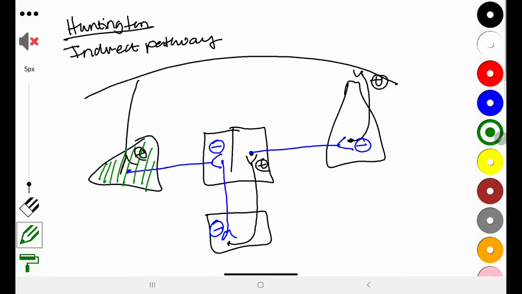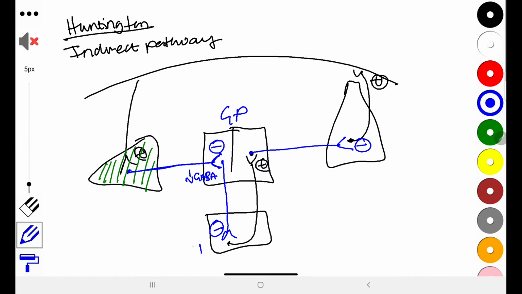Okay. So you find that the striatopallidal neurons do not release as much GABA. Okay, so the GABA here is reduced. So because GABA is reduced, there's not much inhibition going on here.